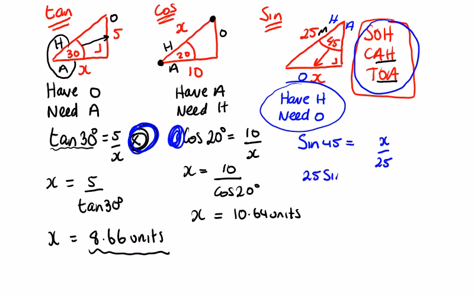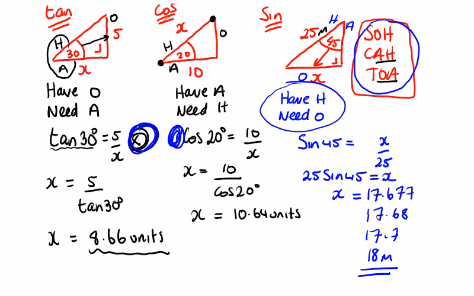So 25 sine 45 is equal to X. And if we type 25 sine 45 into our calculators, we're going to get 17.677, which will be 17.68 or 17.7 or 18, depending on what we were asked to round off to. Just an example of rounding here in the last part of this video.